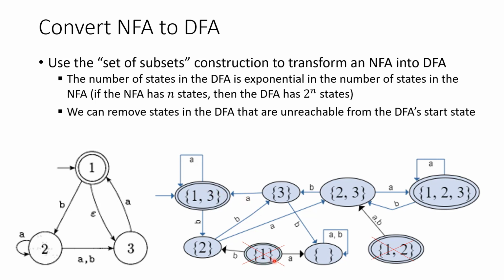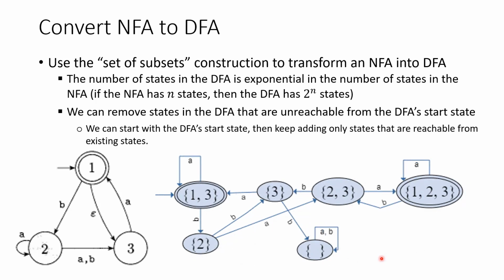You can see that because there are no ingoing arrows into these two states. They have outgoing arrows, but no ingoing arrows. So we can get rid of these two states, and we still have an equivalent DFA.